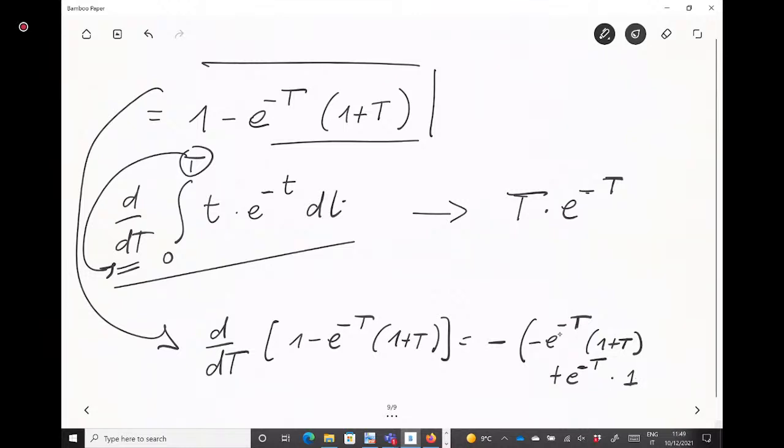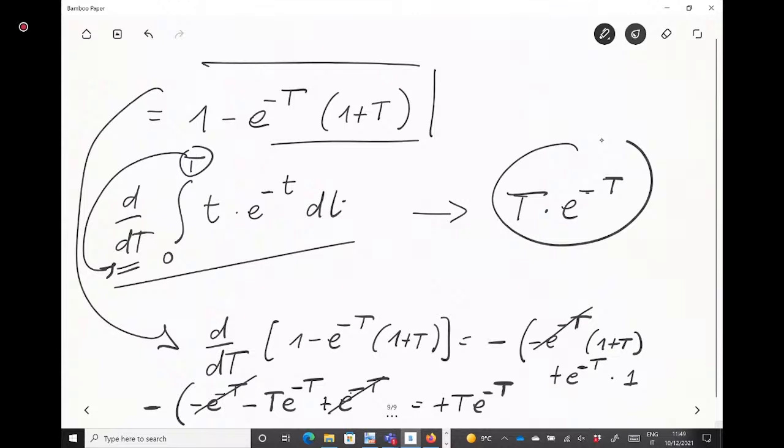So minus exponential minus t and plus, no, sorry, this is here. So it's capital T. Okay, what remains here is minus exponential minus capital T, minus t exponential minus capital T, okay, plus exponential minus capital T, this and this, equal to plus t exponential minus capital T, which is exactly this one, okay?